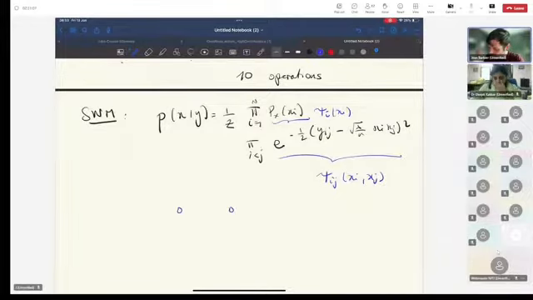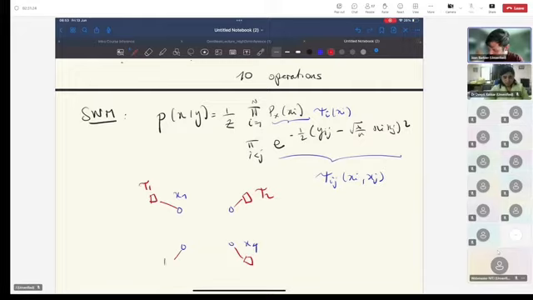So let's say we have 4 variables, x1 to x4. I have one factor per variable, which is the prior, psi1, psi2, psi4. And then for every pair, I have a factor psi_ij.